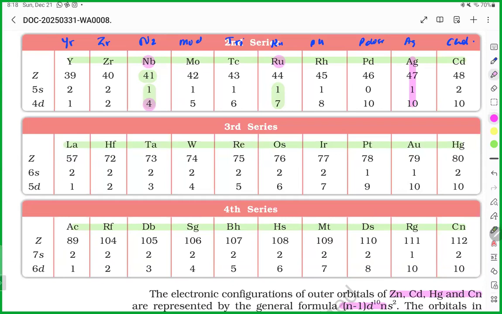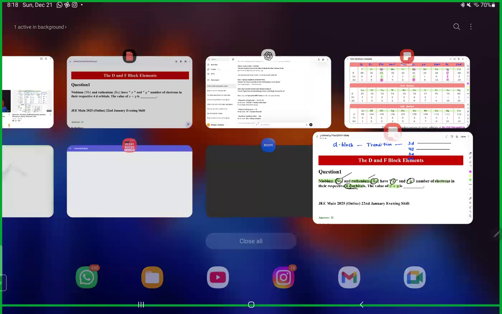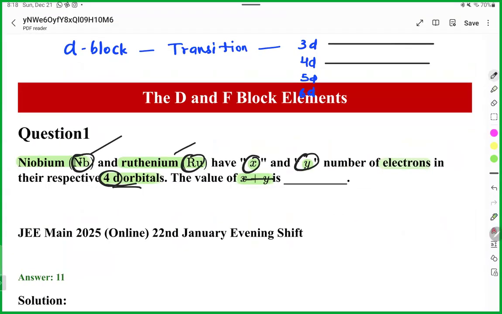So, what is the number of electrons in ruthenium? 7. What is the number of electrons in niobium? 4. What is the total number? 11. If you know this chapter, do you think this question was too easy to solve? Yes, sir. But again, you need to revise this.